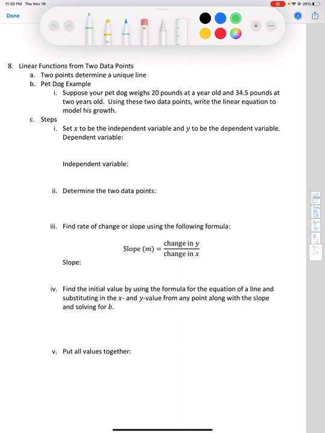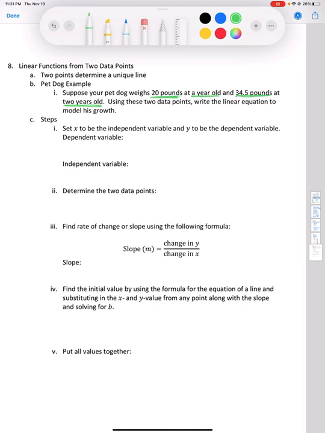Okay, so we're going to take a look at what points there are here. Our dog weighs 20 pounds. Okay, so that's at year 1. So that's important there. And there, 34.5 pounds at year 2. Okay, so those are our 2 important points.